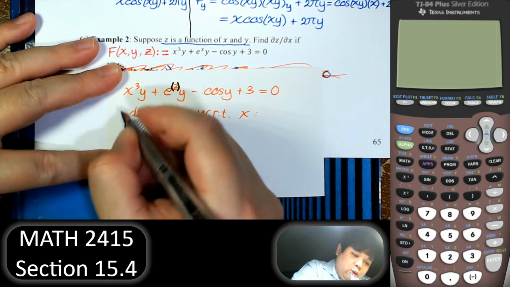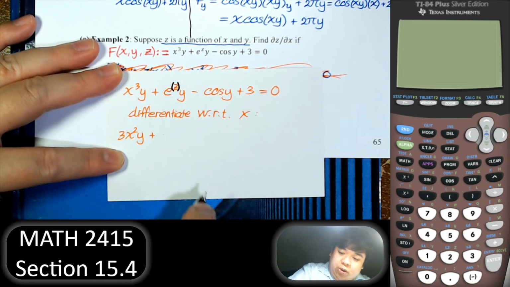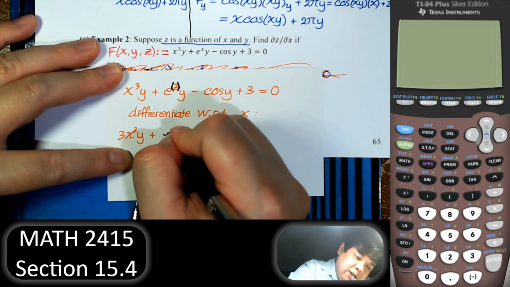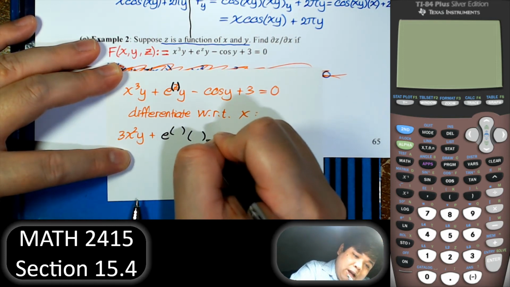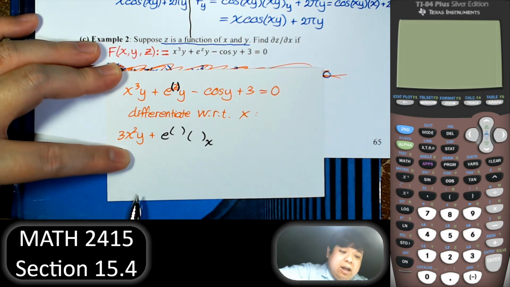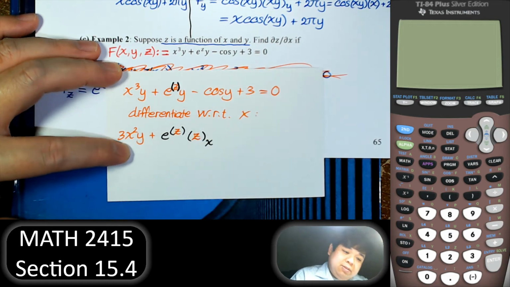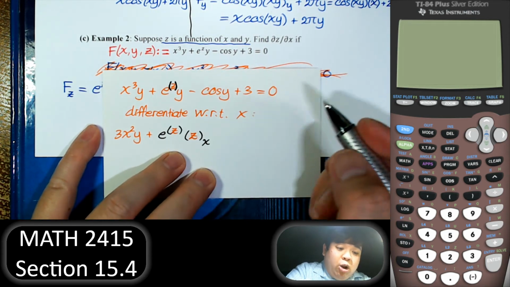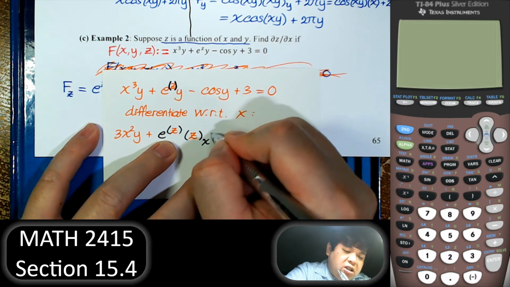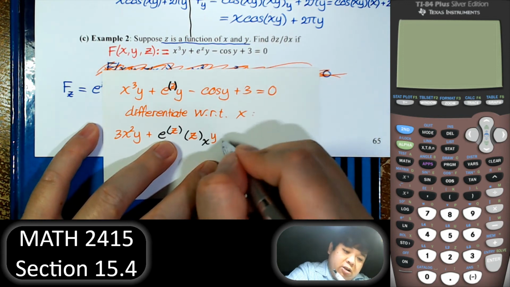That gives us 3x squared y. Now the derivative of e to the z is going to be the same thing, and then we take the derivative of that with respect to x. It just happened that z is inside the parentheses, because z has x in it. The y here is constant, still there. The derivative of a constant is 0.